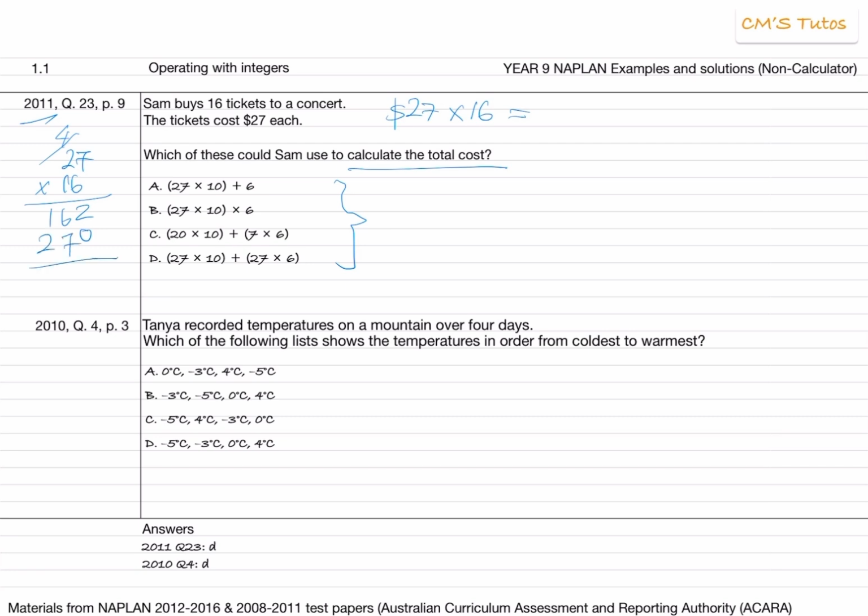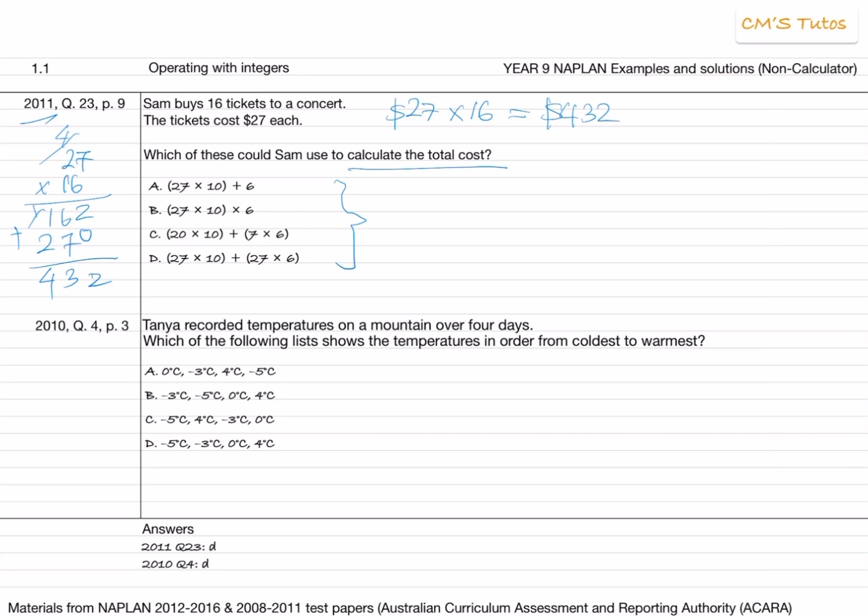So 7, 1, 7, 2, and 2, 2. And then this is the plus thing, it gives me 432. So 432 is the total that we're looking for.